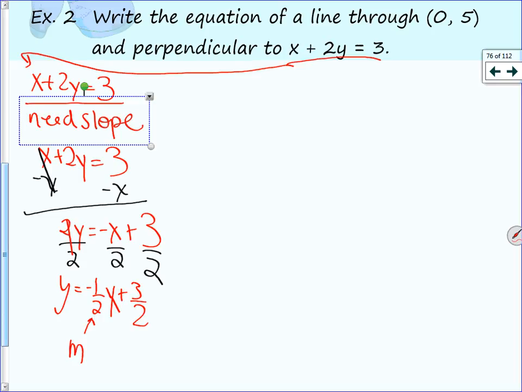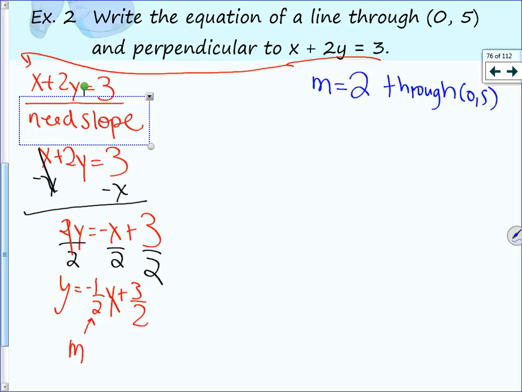What's the slope of a line perpendicular to this? Yep, 2. So the slope of the line is 2 because it's the opposite reciprocal. So you flip it over and you take the opposite of it. So now the slope is 2 and it goes through (0, 5).